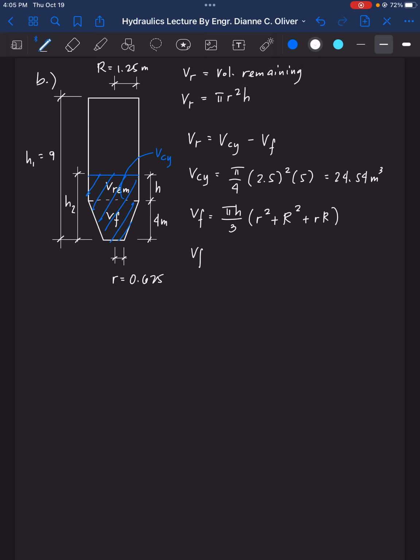So VF is equal to pi h, our h here is 4 meters, divided by 3.